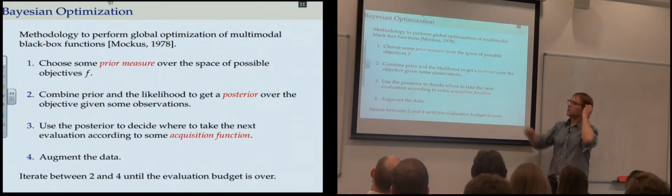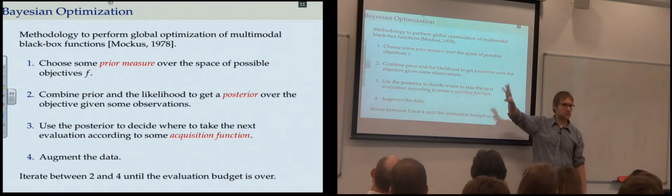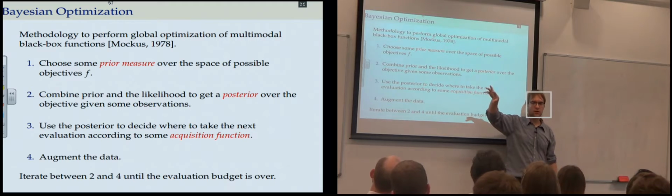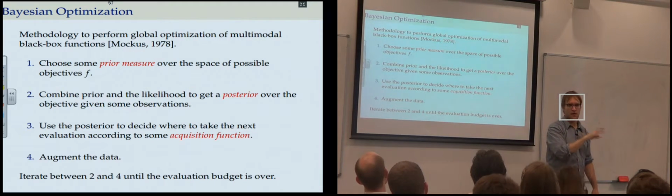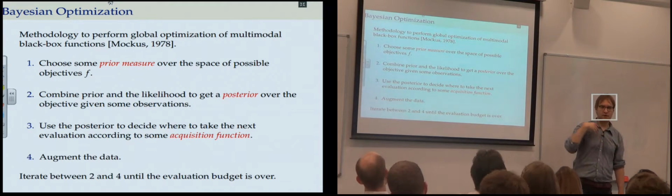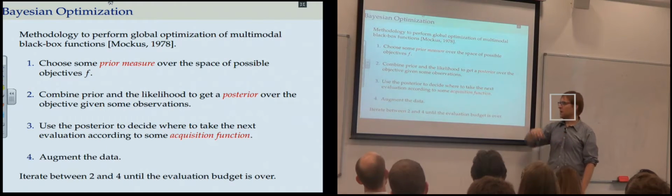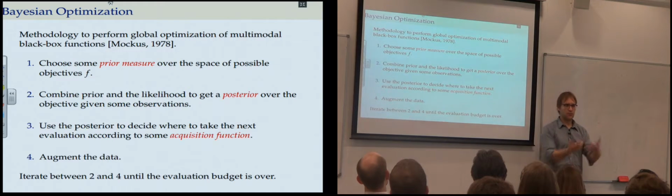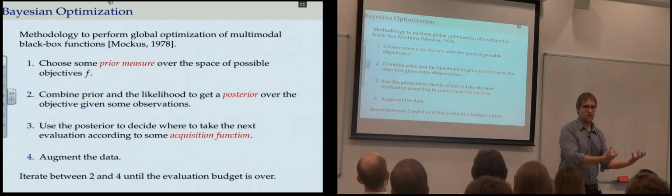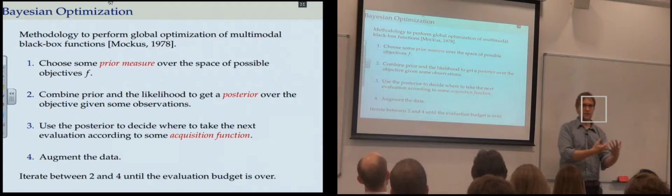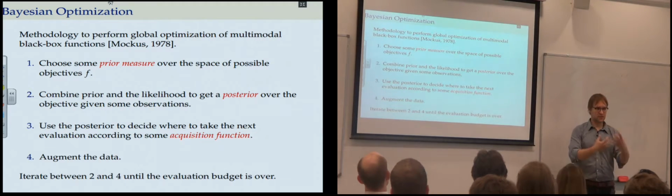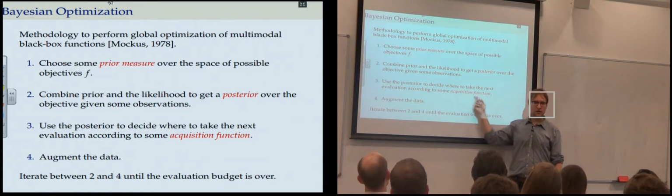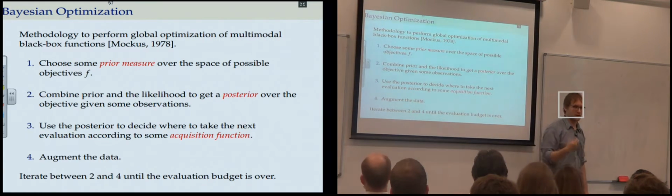So you see there are two key elements in this process. The first key element is a model that we are going to fit to the available evaluations that we have about the function that we want to optimize. And the second element is the acquisition function, which is going to be built on top of the model that we have built, which is a surrogate of the function that we want to optimize, and that is going to help us to make the decision of where to evaluate the function next.